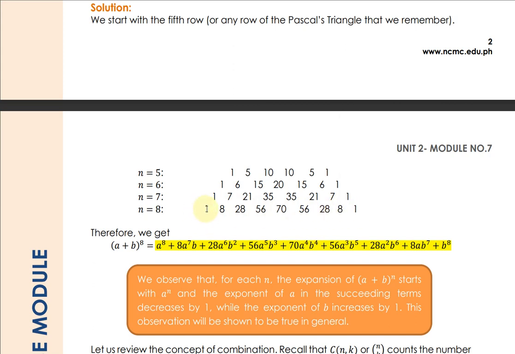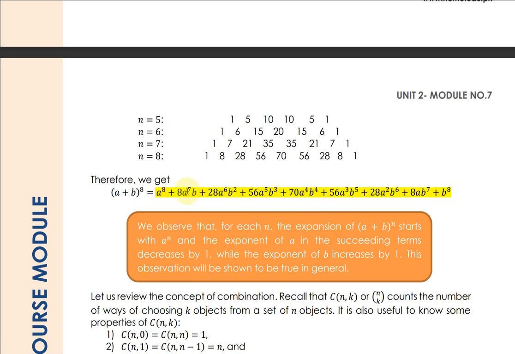So, our Pascal's triangle is correct. That is just for checking. So, therefore, we have our expanded expression. We have 1, then 8, 28, 56, 70, 56, 28, 8, and 1.